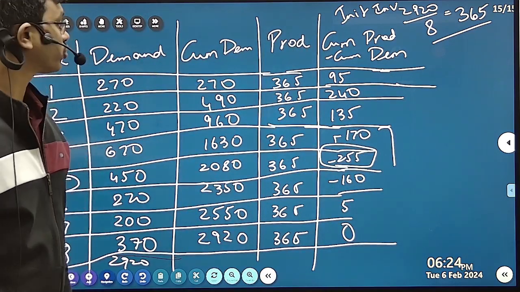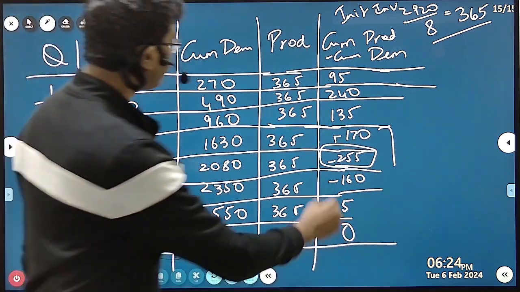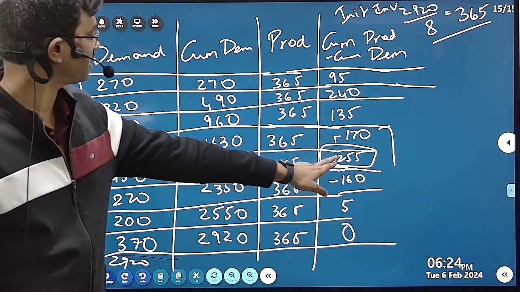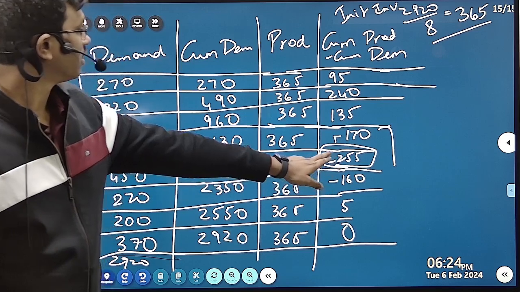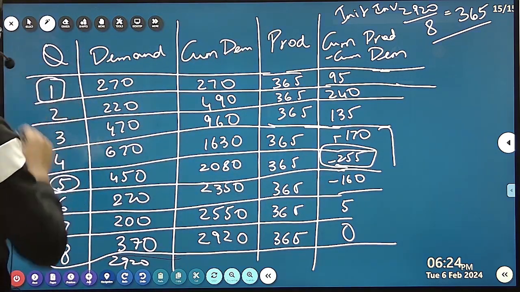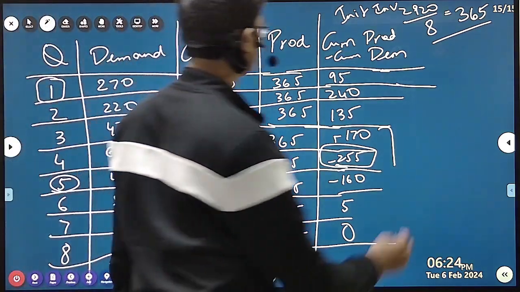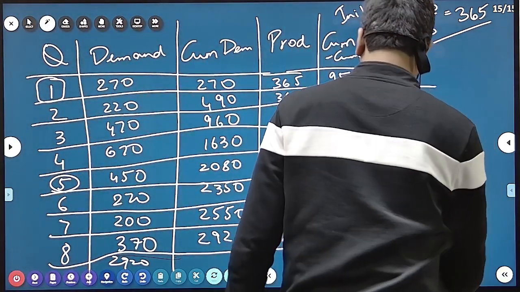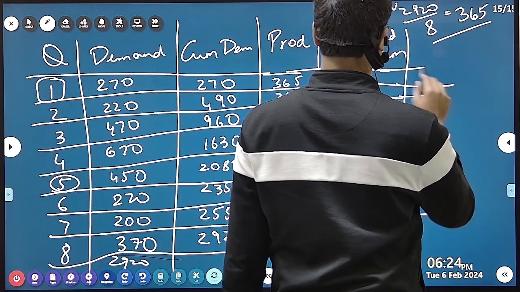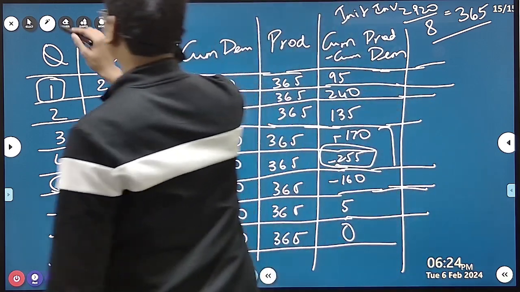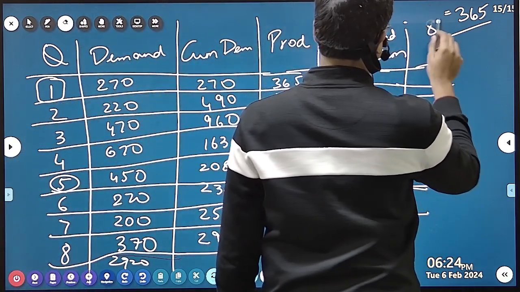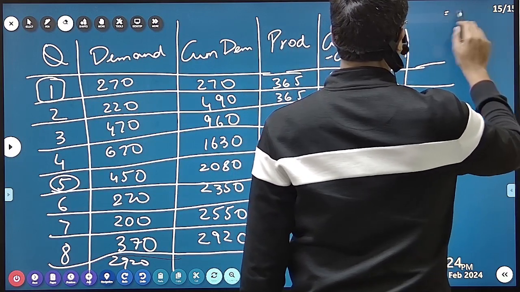So this is the highest negative, and we have to maintain this level in the initial balance. In the first quarter itself, you will have an opening inventory of 255. Only then will you be able to fulfill the demand.